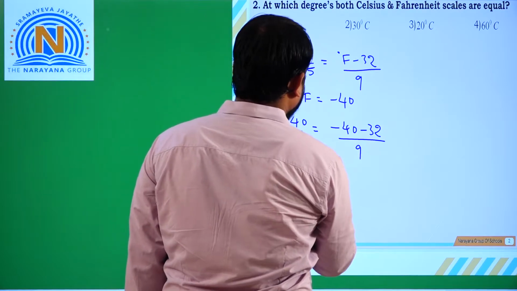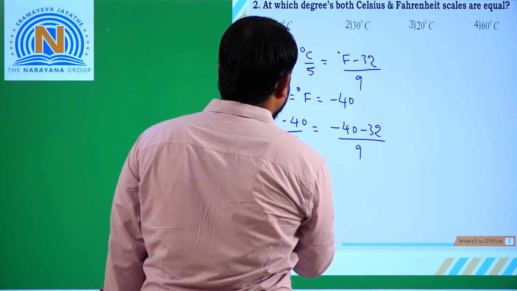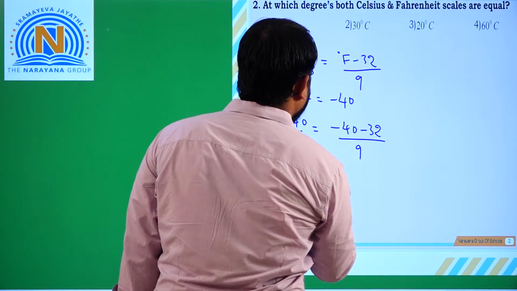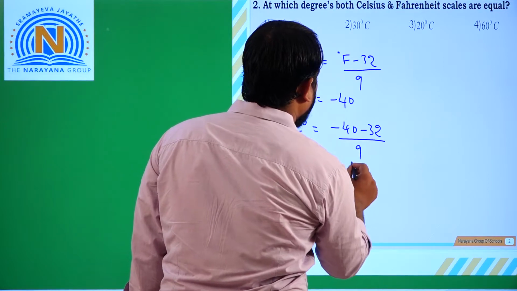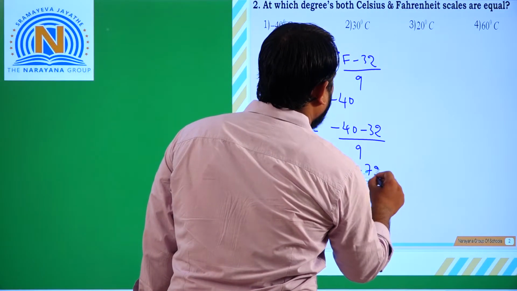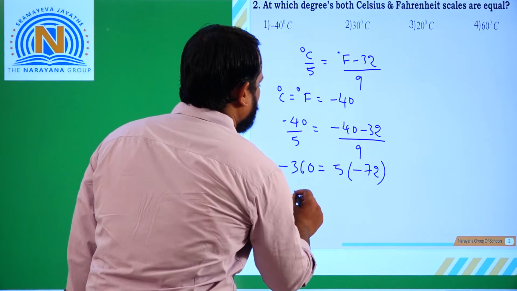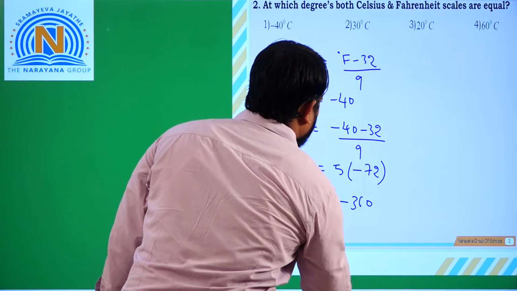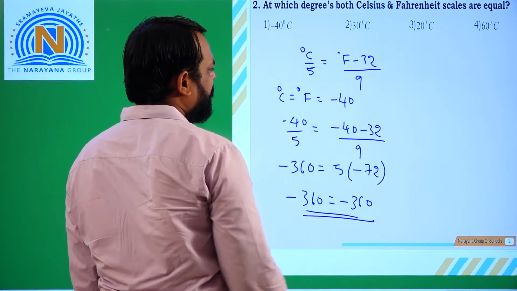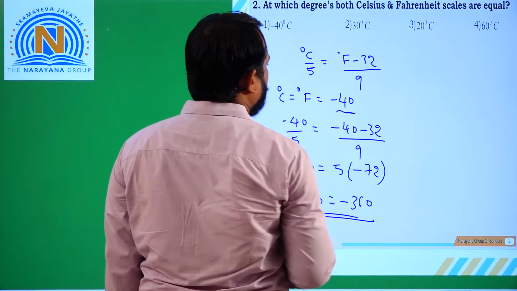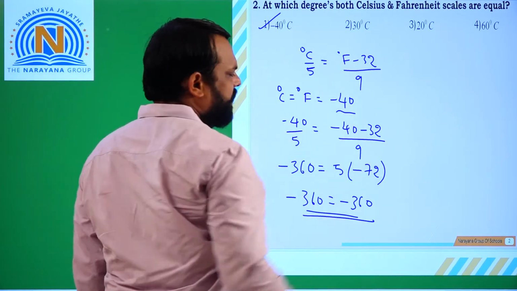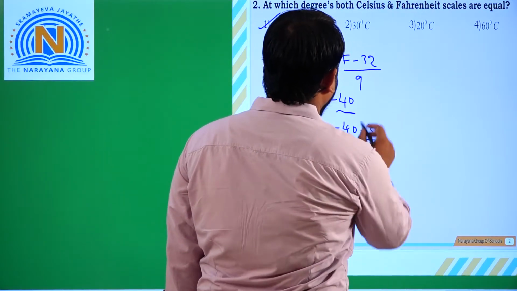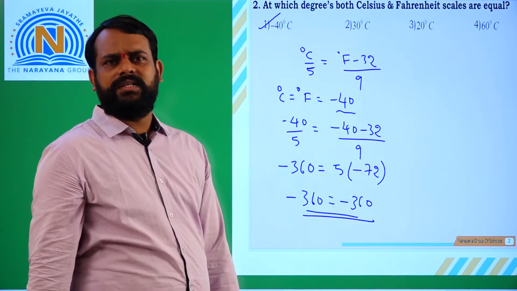So 9 into 40 is 360, is equal to 5 into minus 72, which is minus 360. So both the values are the same at minus 40. That means at minus 40 degrees Celsius, both the Celsius and Fahrenheit scales are equal. So the option is minus 40 degrees Celsius.